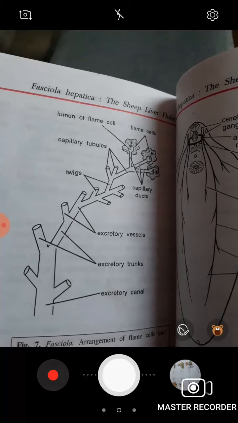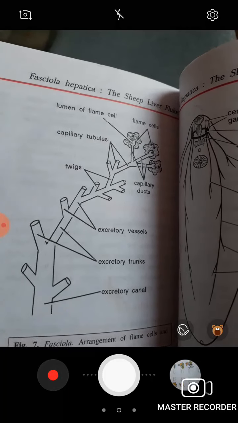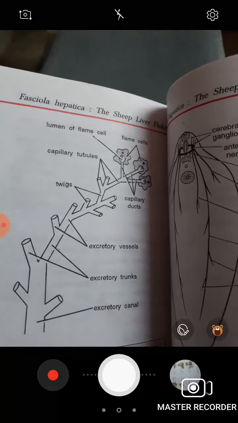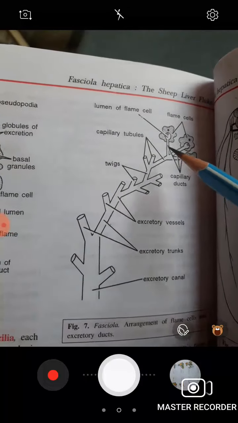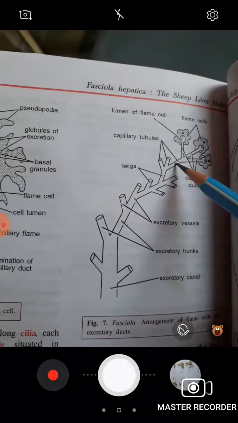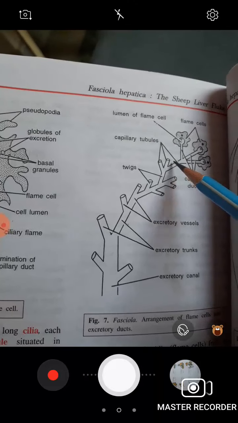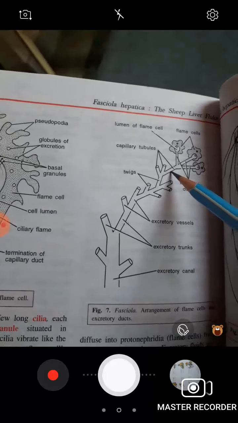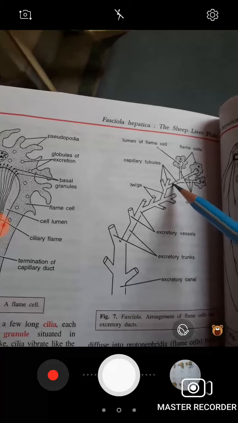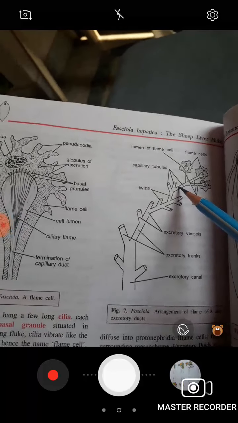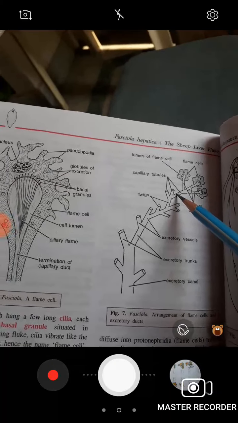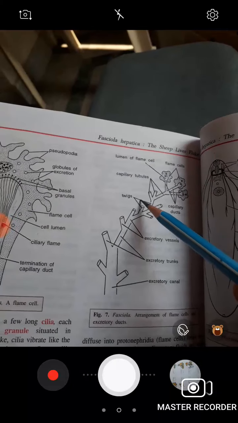Now capillary ducts from these protonephridia open into a narrow collecting tubule. Where do they open? These capillary ducts open into the capillary tubules. This one is the capillary tubule, and several such capillary tubules together open into larger twigs. These are twigs.